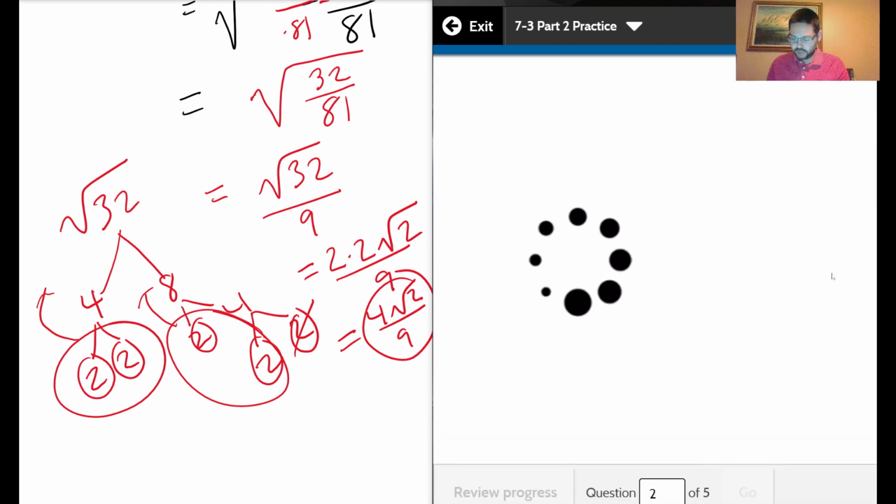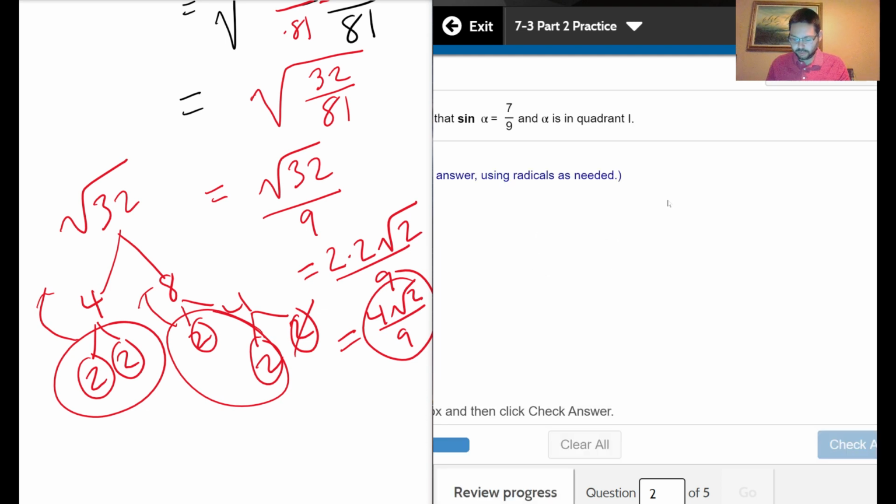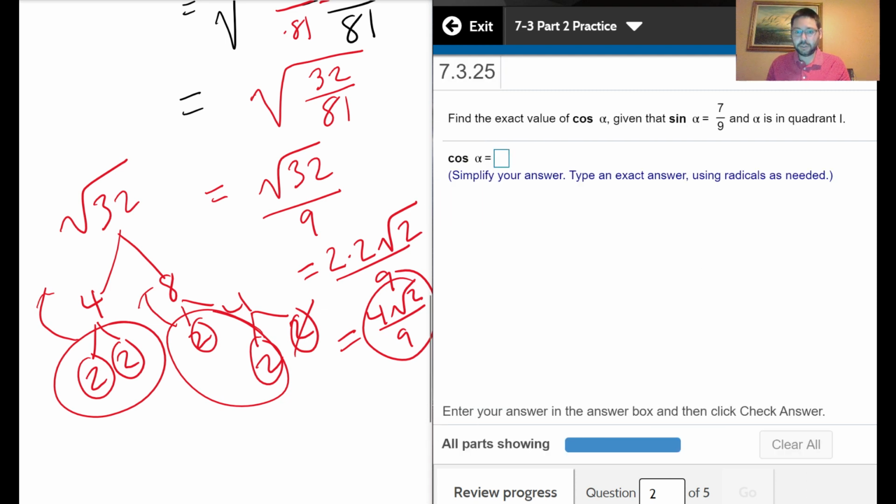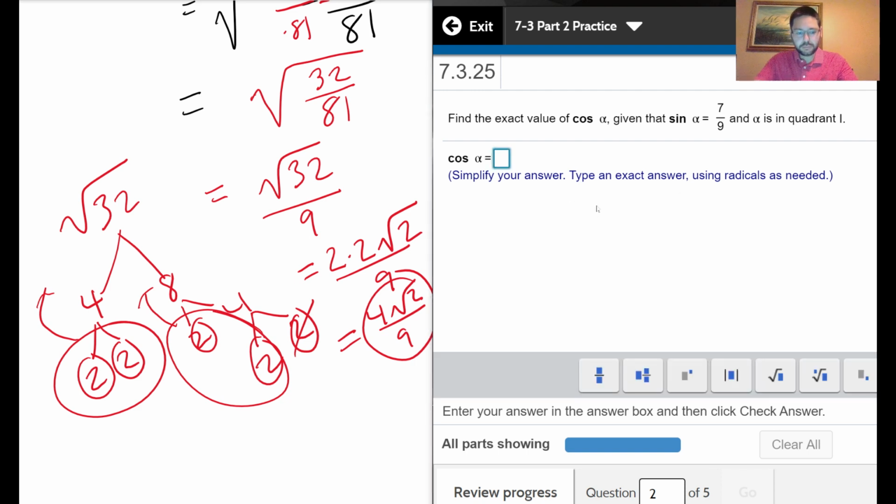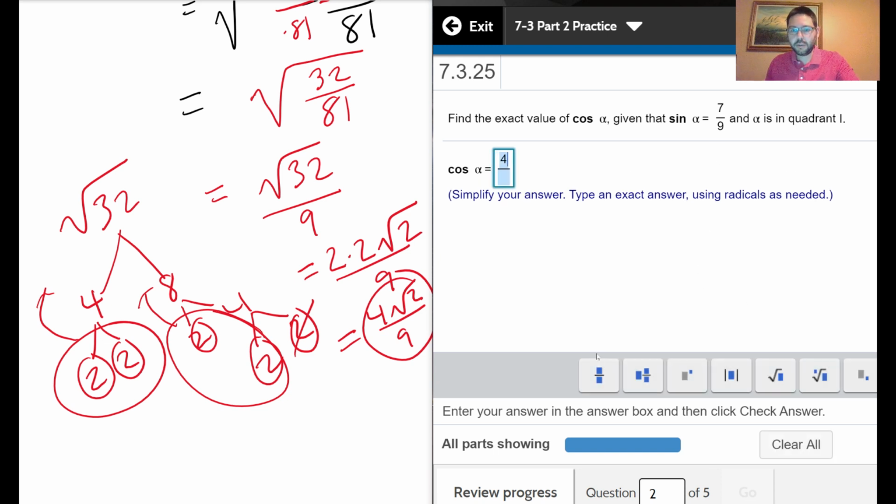Oh, I hope they didn't change the question. Didn't mean to click that. They might have changed the question. Okay. No. Let's go ahead and type in the answer. Do the fraction first. 4 and then the square root.